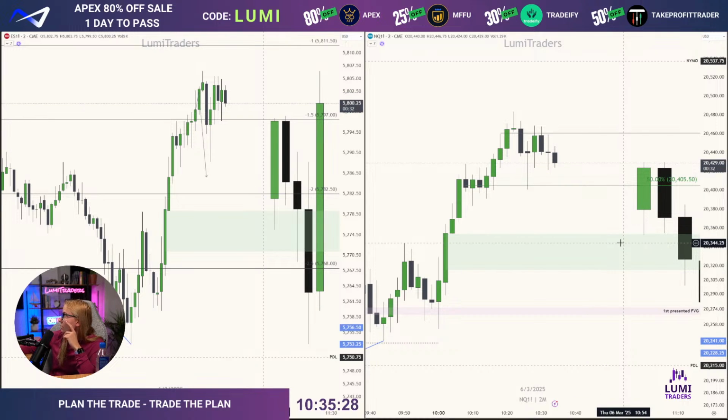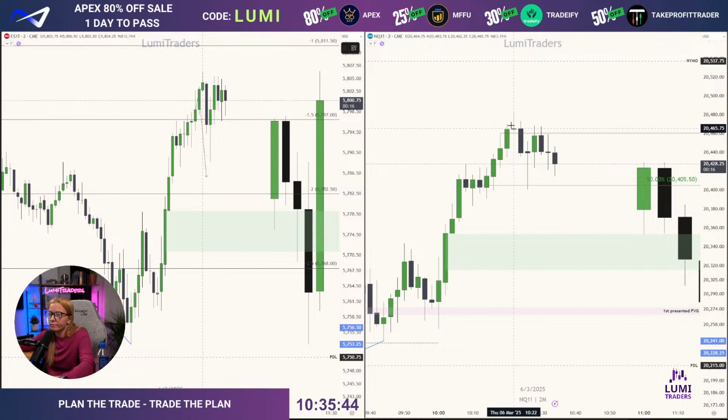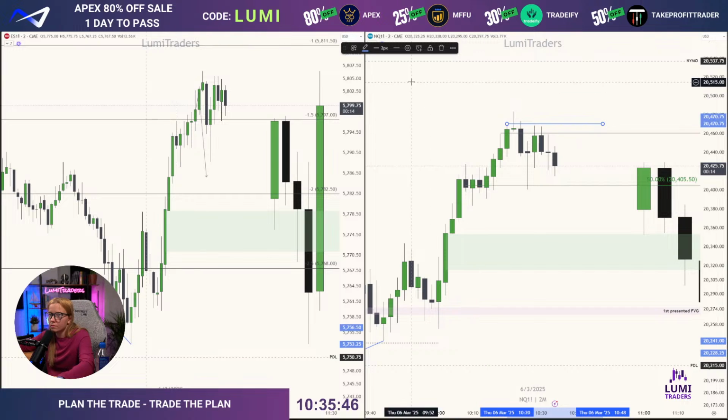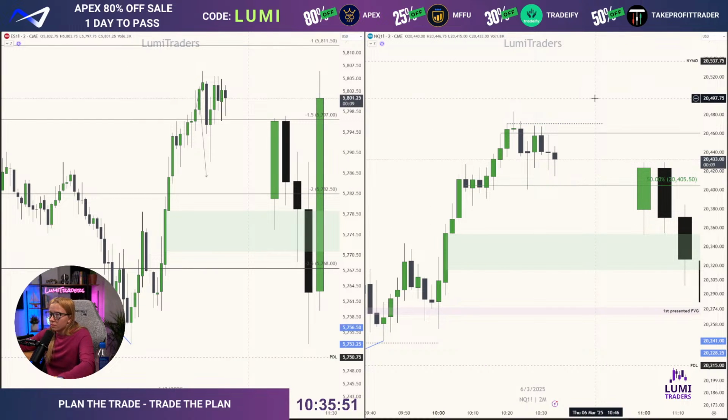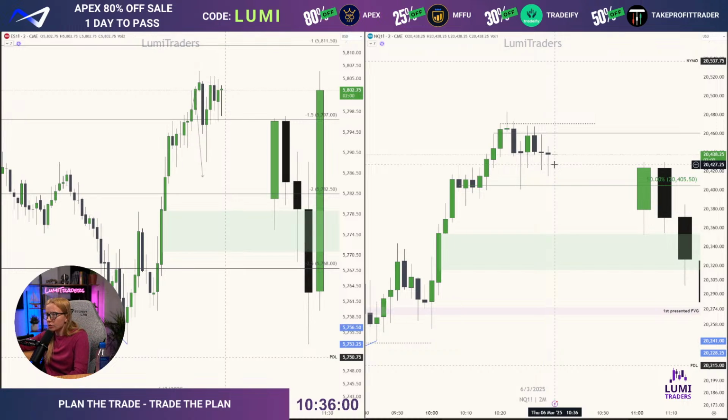Trying to displace, I really like it. Stuck at this consolidation. Not good, not good.